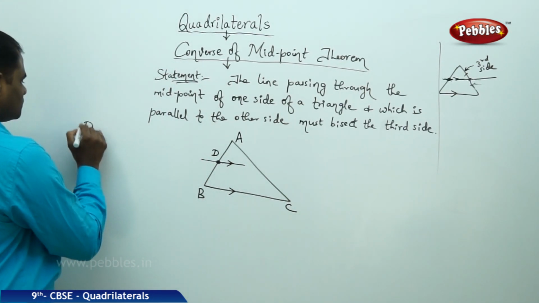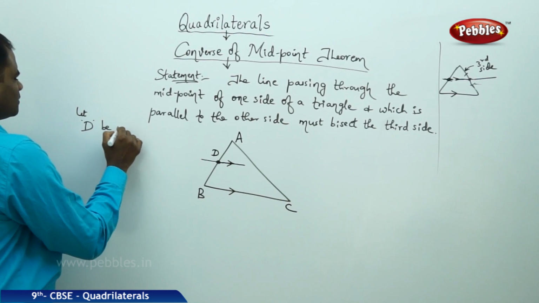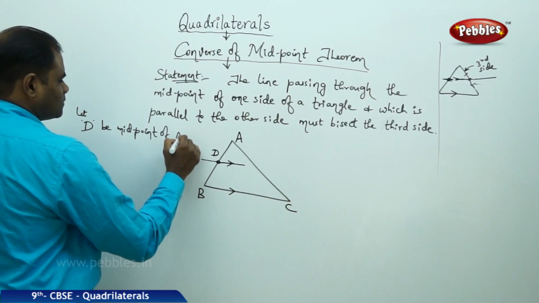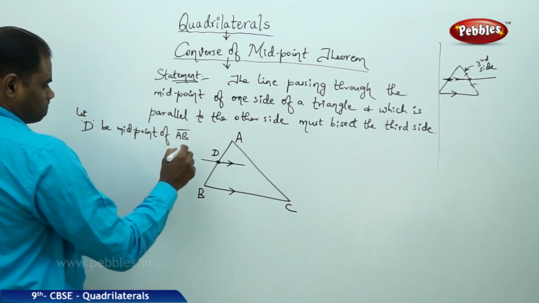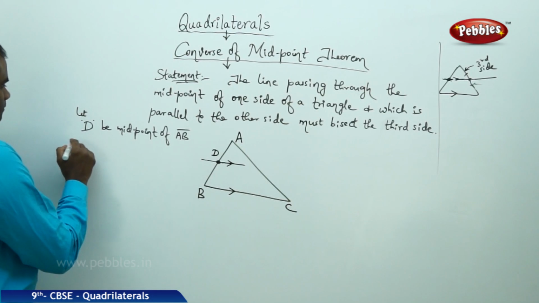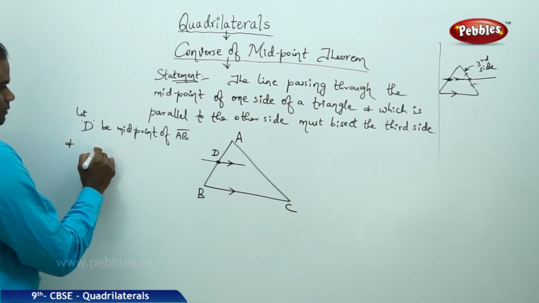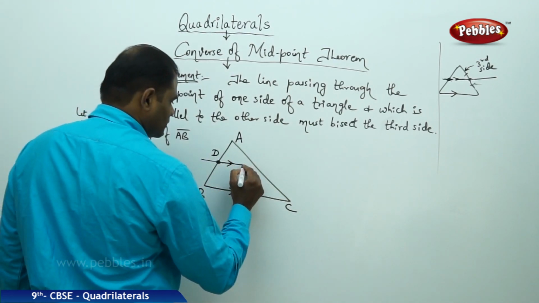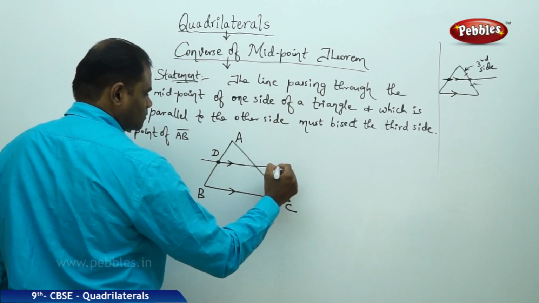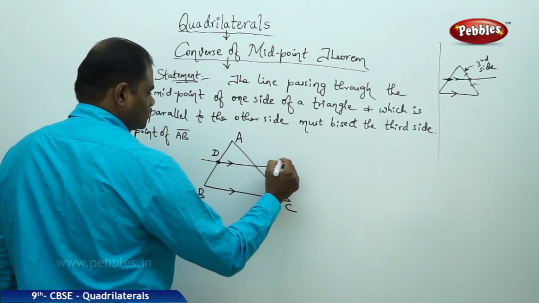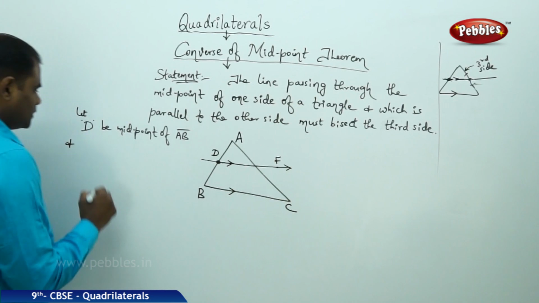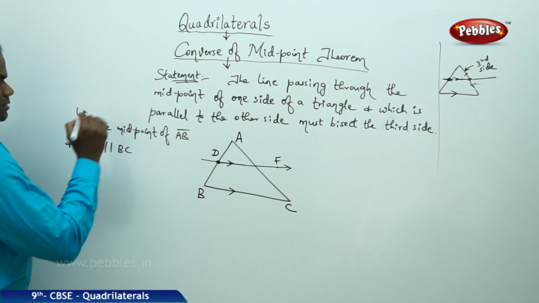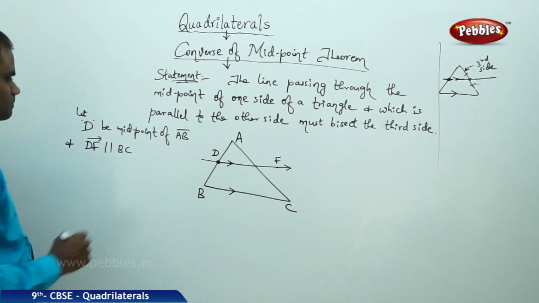So here, let D be the midpoint of AB. And let me extend this line to be some F, and DF parallel to BC.